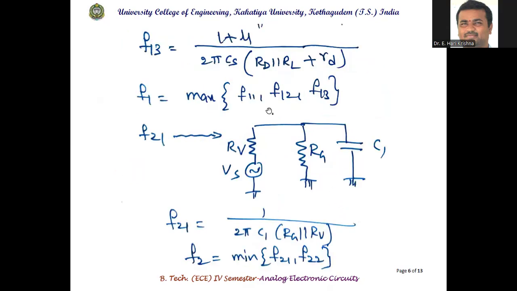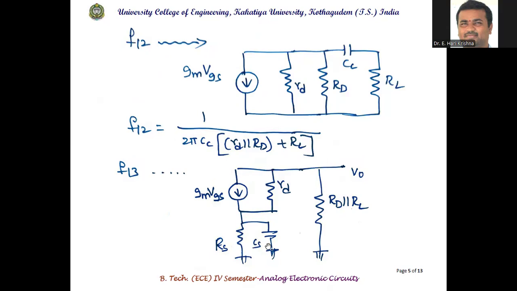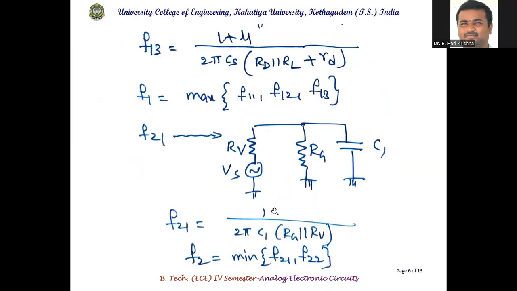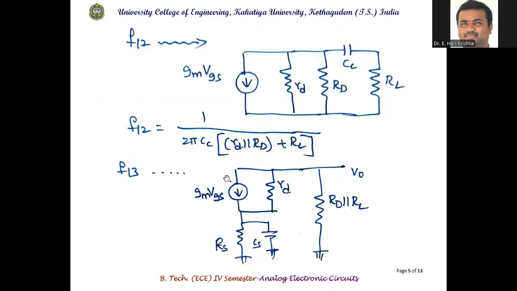So here F13 is equal to, we'll derive this equation, (1 plus mu) by 2 pi CS (rd plus RL plus RD). This is a dependent current source parallel with the resistor, replaced with a voltage source in series with the resistor.